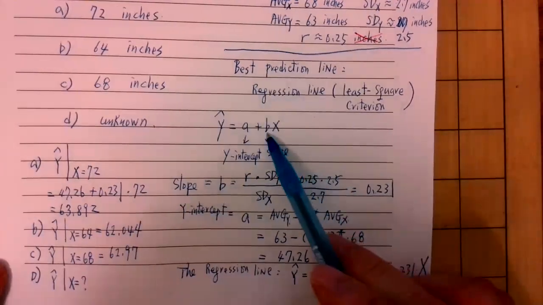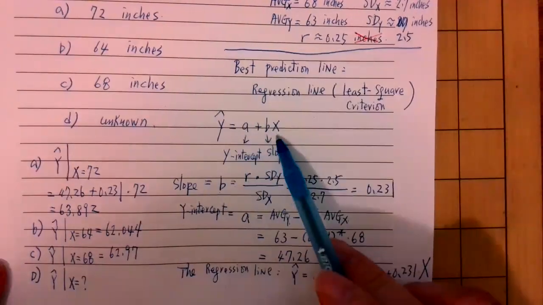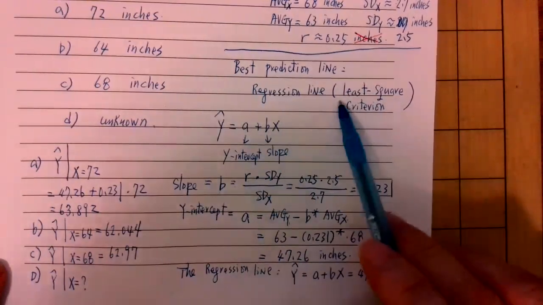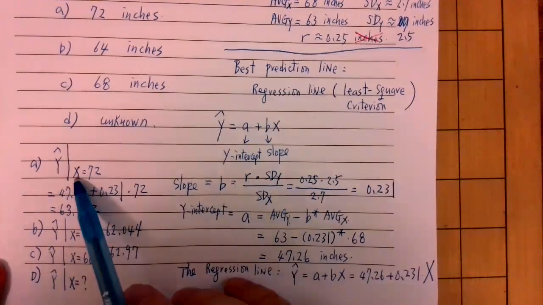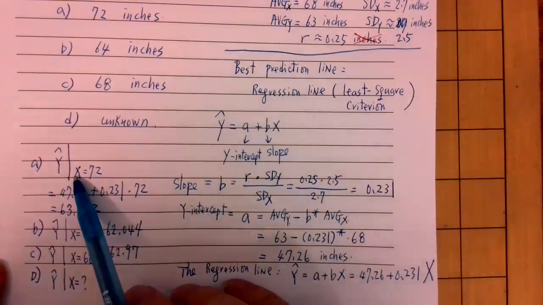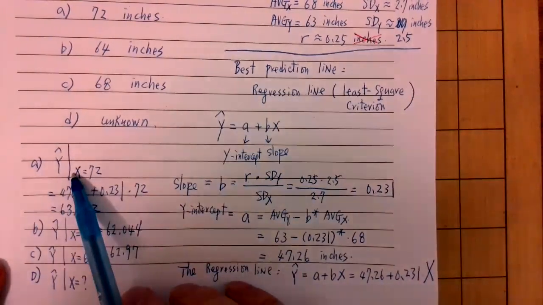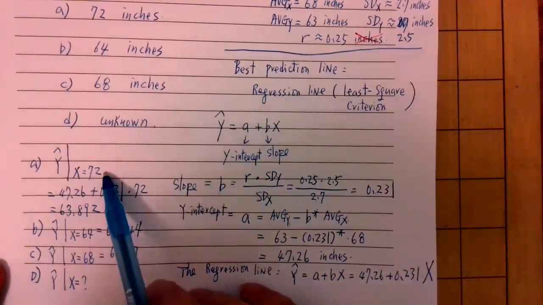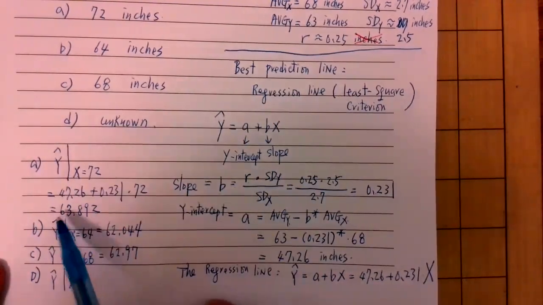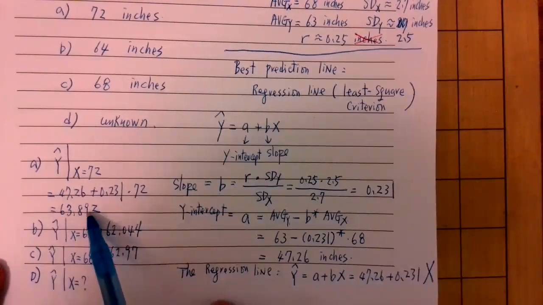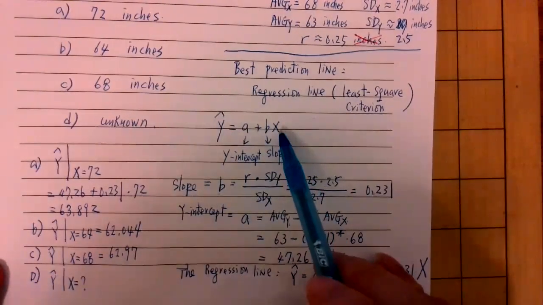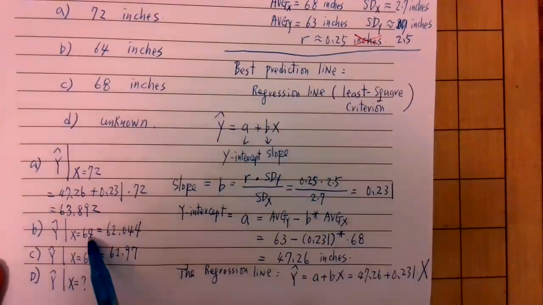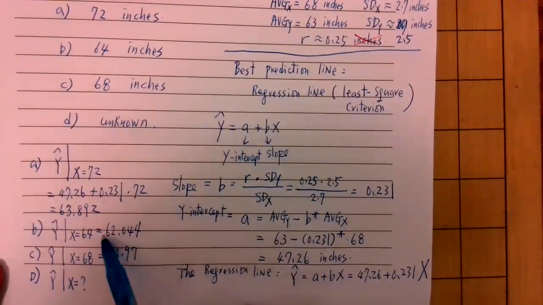After we obtain the best prediction line, the regression line, following the least square criterion: for wives who have a 72 inches tall husband, you predict 63.892 inches. You just plug the number into the regression line. Then x equals 64, replaced by 64, and this is what you get.